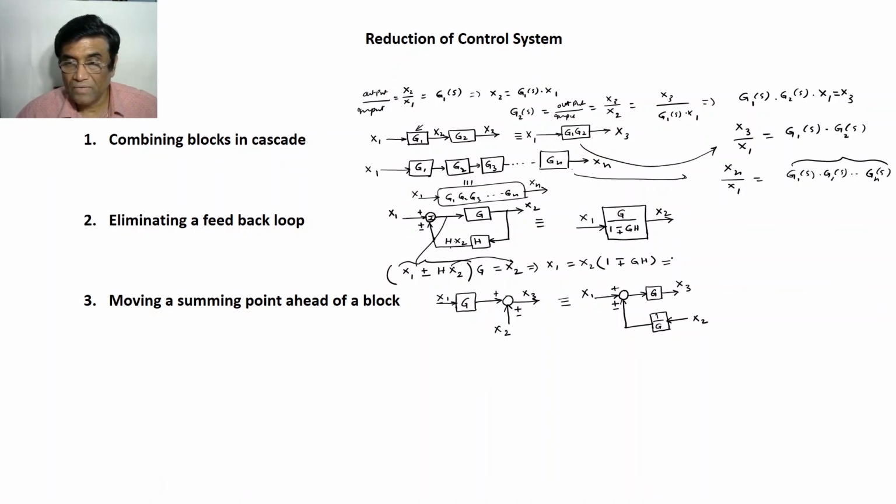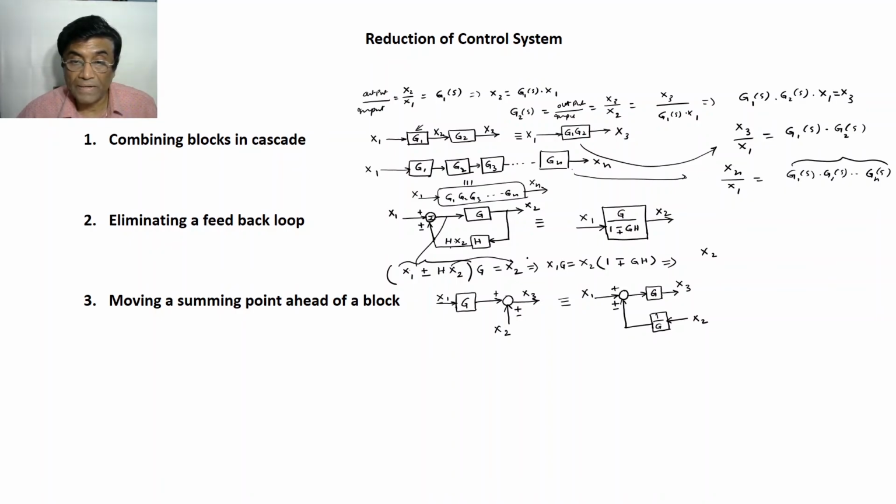Okay, so this is what it is. And then what it is telling you is what will be our x2: x1 into g. Sorry, so x1 into g plus gh, had it been here, but I have taken it on the other side.